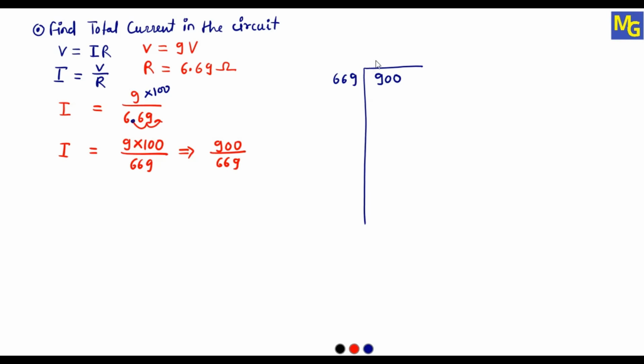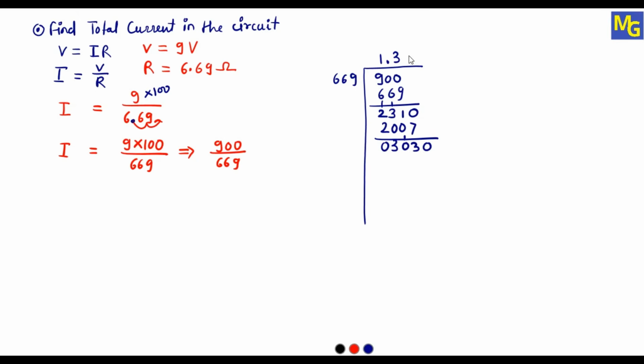First I will divide by 669. 1 one is 669. So here I will get 1, and here I'll get 2. Then I'll take a 0 here, then the decimal. Then 669 threes are 2007. Then I write 3 here, then it will be 0, 3, 0. Here I'll take one more 0.